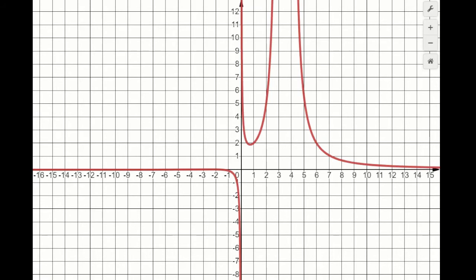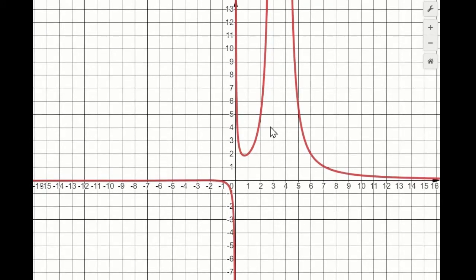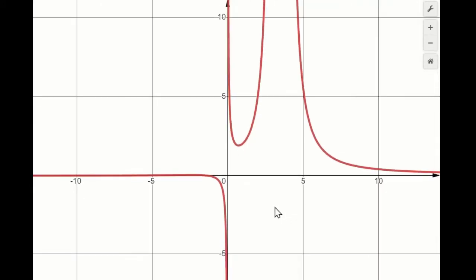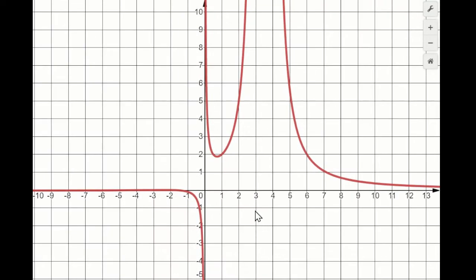All right, so here we go. This is our graph for the function that I wrote on the board. This is the graph for f of x equals x squared plus 5x plus 6 all over x cubed minus 7x squared plus 12x. This is the graph.